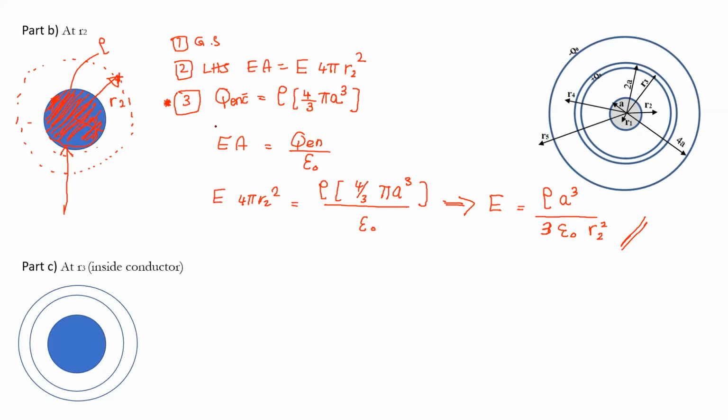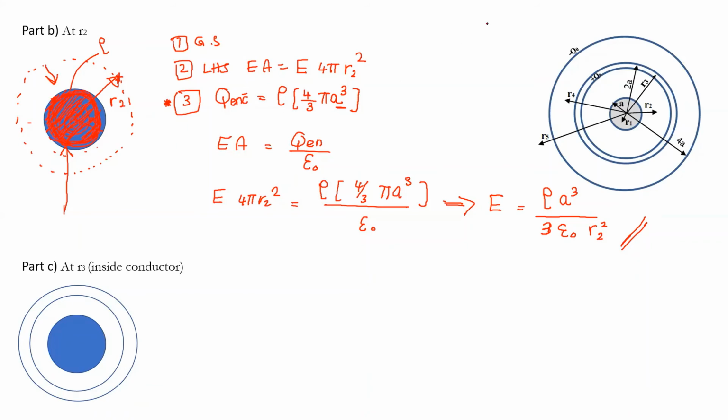Can you explain why you use a again, not r2? So here I used a because we wanted to find the charge inside our Gaussian surface, right? So what is the charge inside our Gaussian surface? Just this, right?